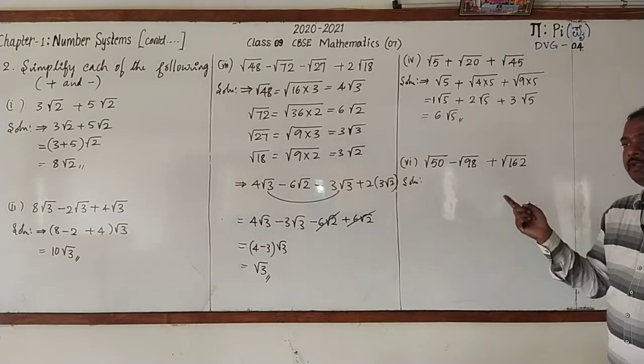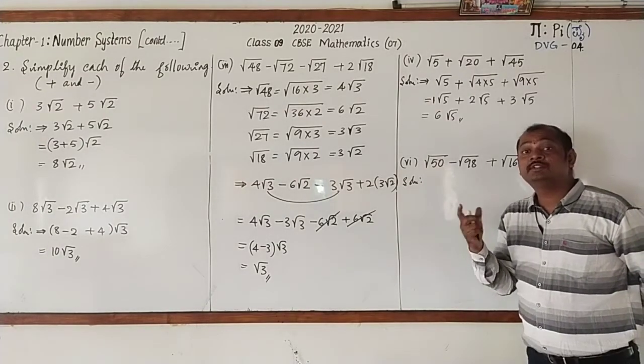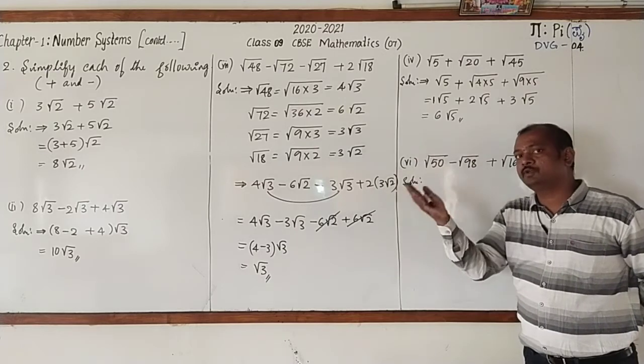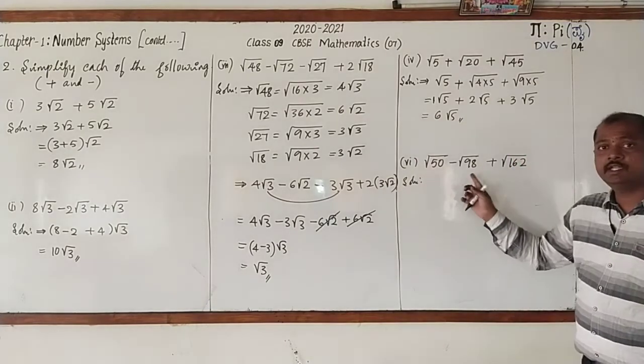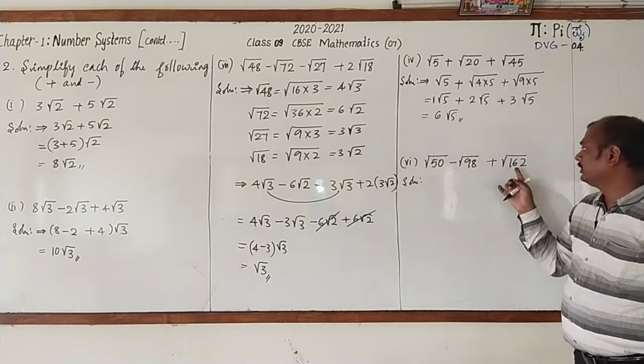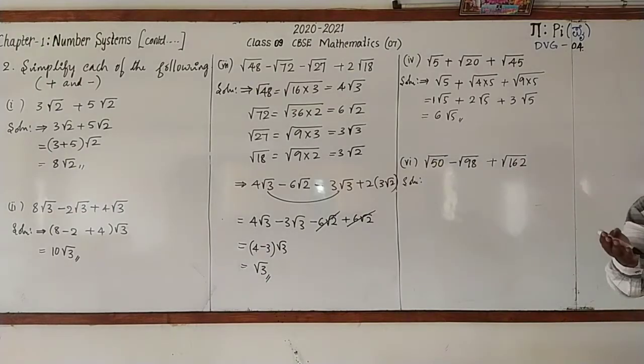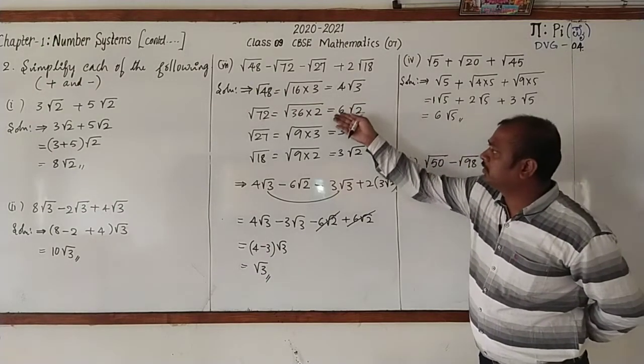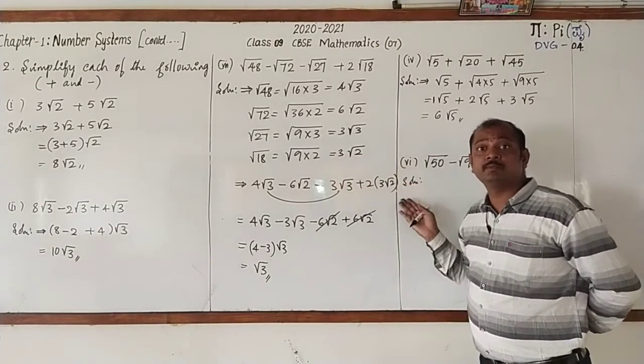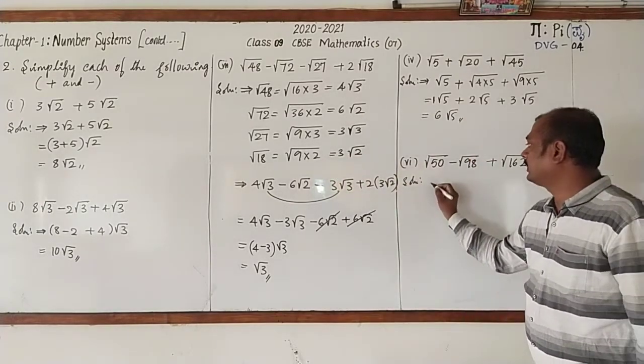And one more, the sixth one: root 50, root 98, then root 162 is there. Just by observing, you can judge. 50 is 25 2s, 98 is 49 2s, 162 is 81 2s. Again, no need to go through so many steps. You can simplify it directly. Here I'll write.